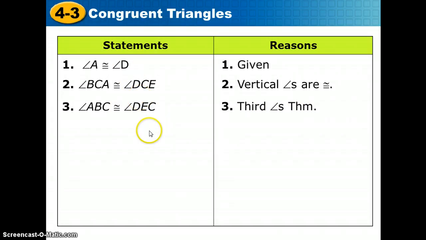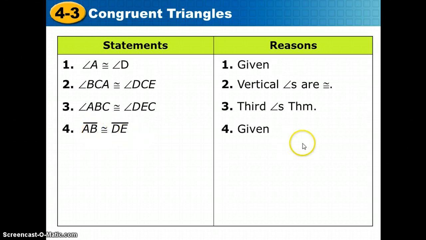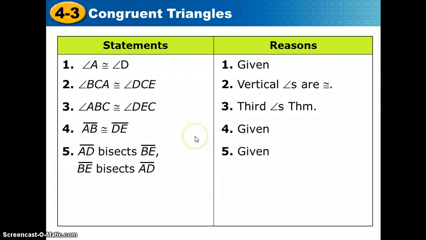Now we need to show three pairs of congruent sides. So go back to that other given information. We are given segment AB is congruent to DE, so there's one pair of congruent sides. And then we're told this. This is going to lead us to one more fact before we finish our proof.